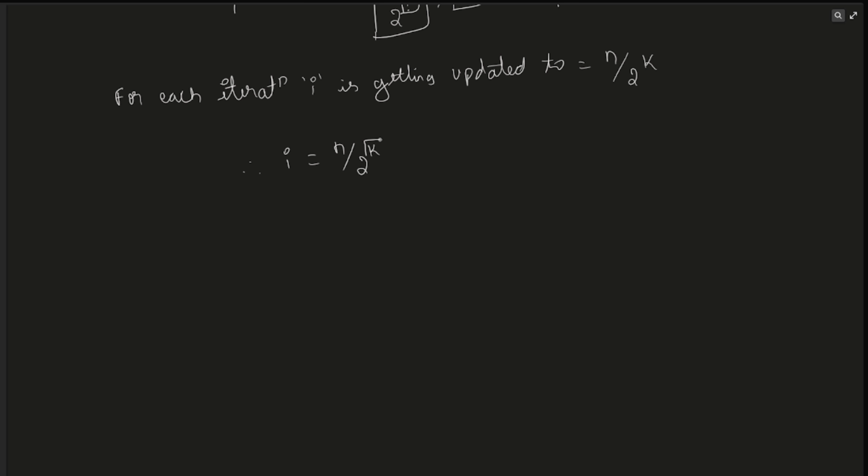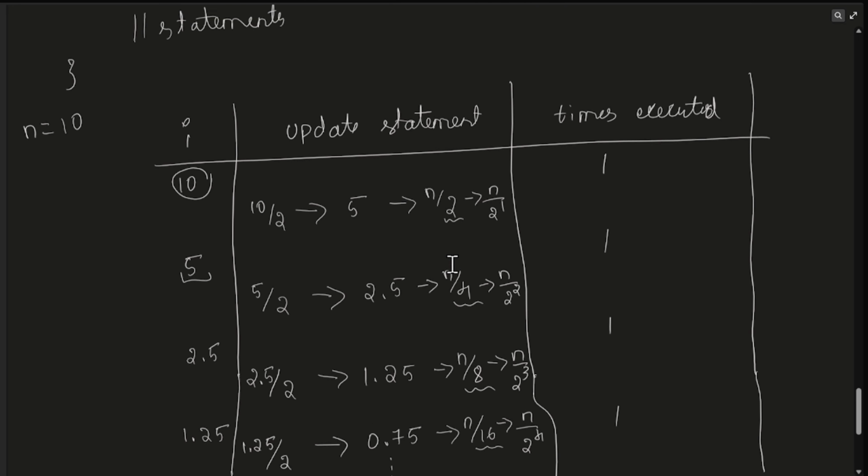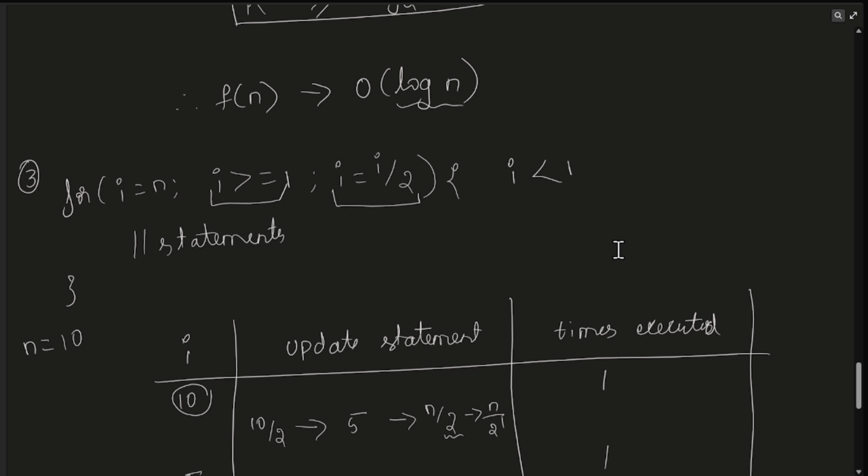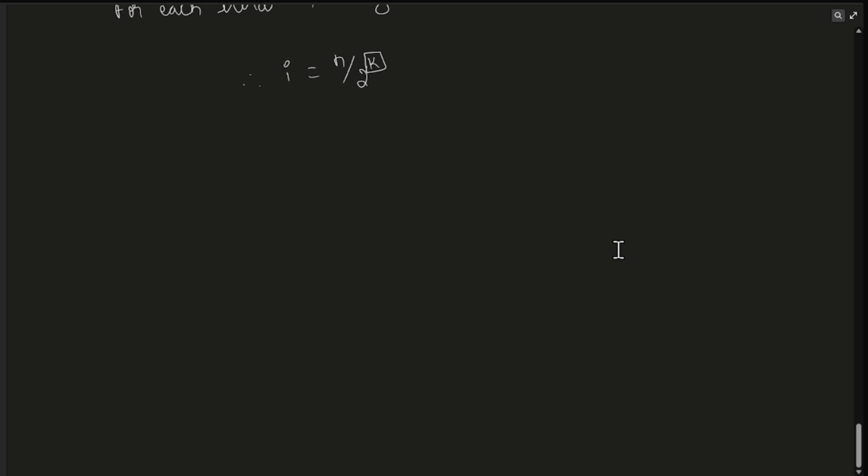To find this k, we need to find when our for loop is stopping. Our for loop stops when I is less than 1. This gives a lead to finding k. The for loop stops when I is less than 1.